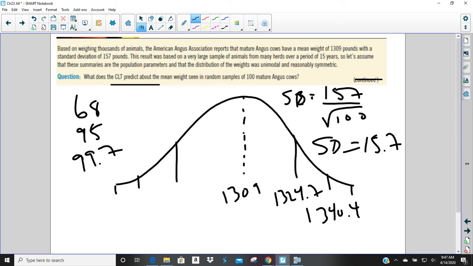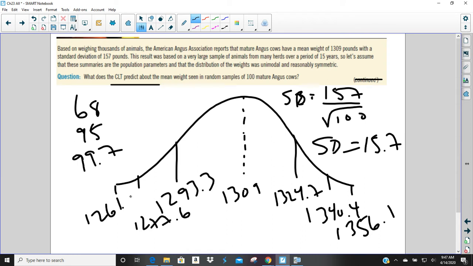And finally, we have 1356.1. Now we're going to go backwards, minus, and we get 1293.3, then 1277.6, and 1261.9.